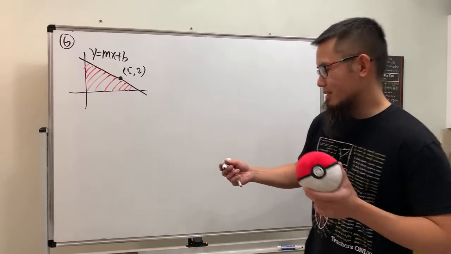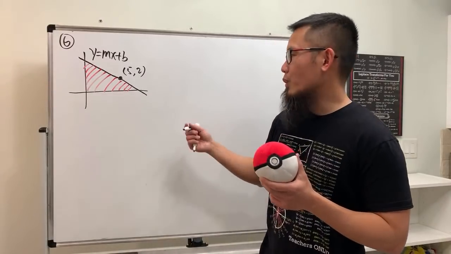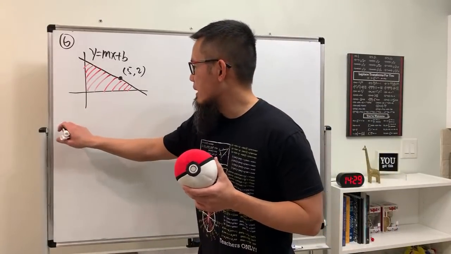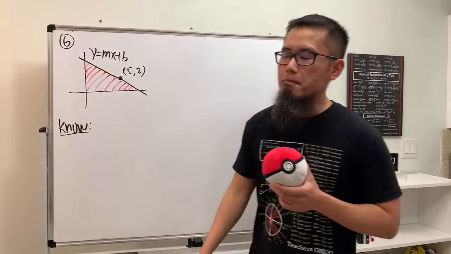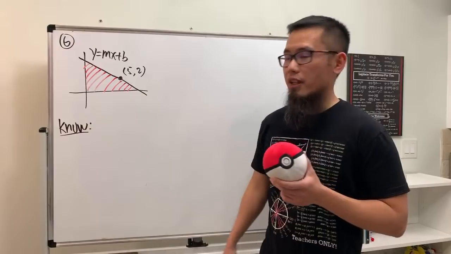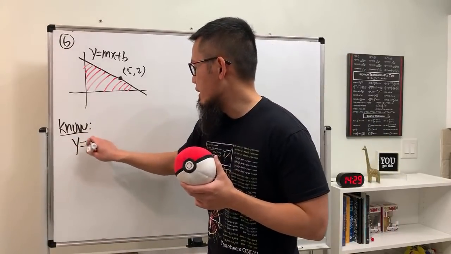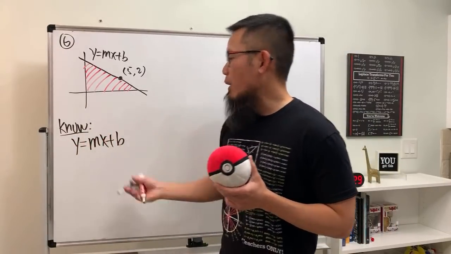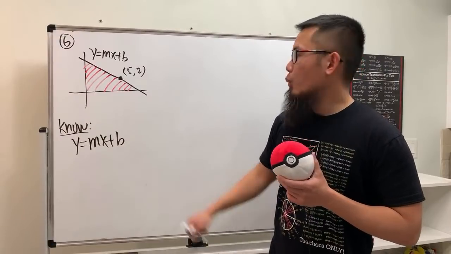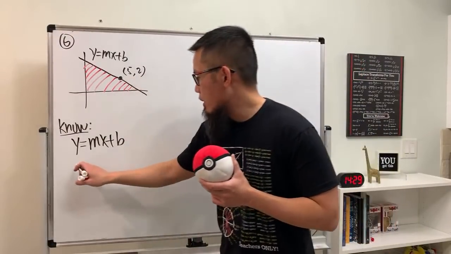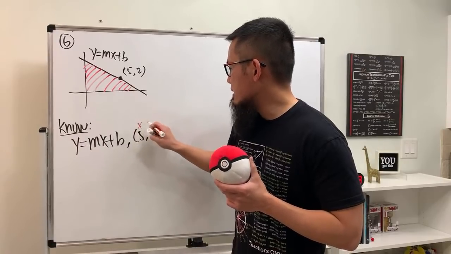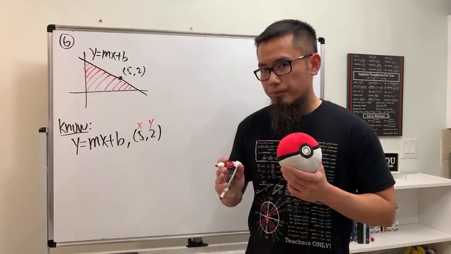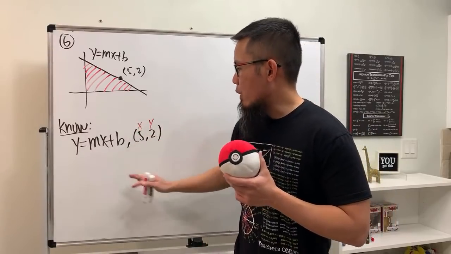So again, let's put down what we know and what we want to know. Perhaps this time I'm going to put it down right here because one picture is enough. We know the equation of the line is y equals mx plus b. We also know that we have this point, (5, 2). Remember, this is x and this is y, so we can plug in x and y into here.